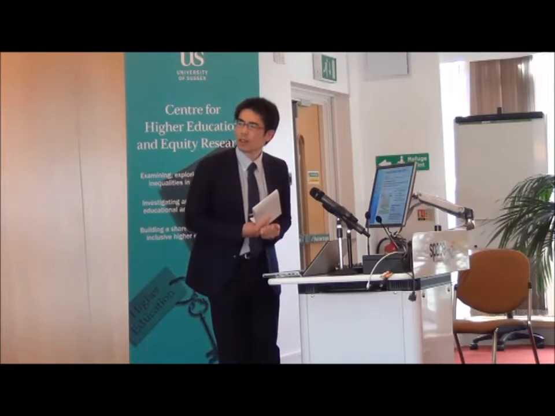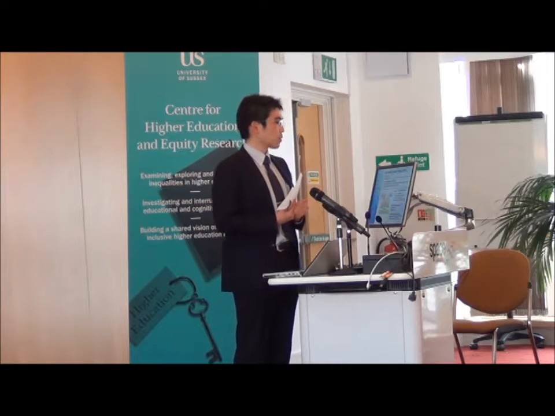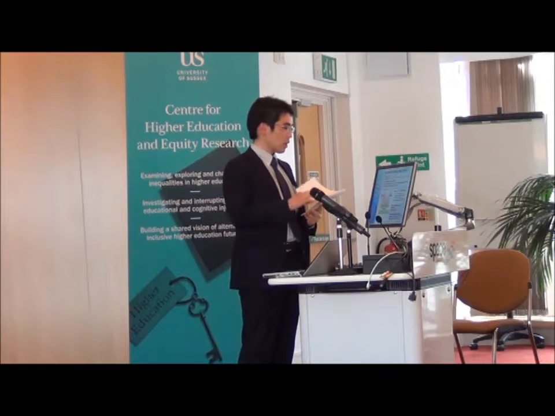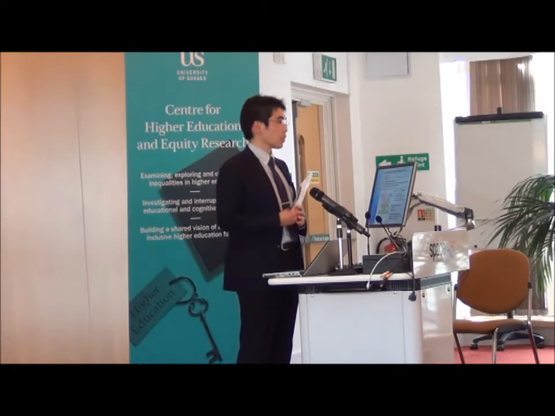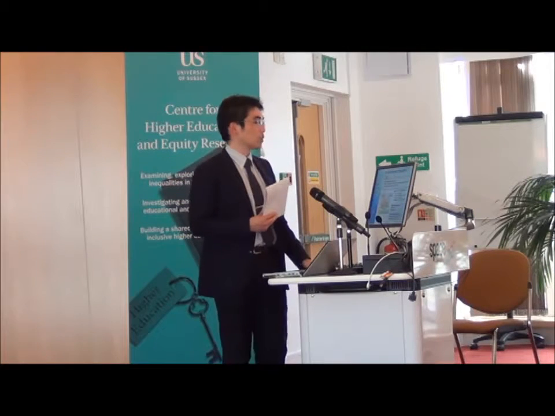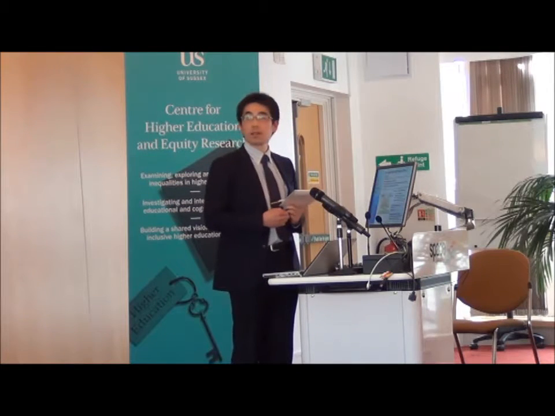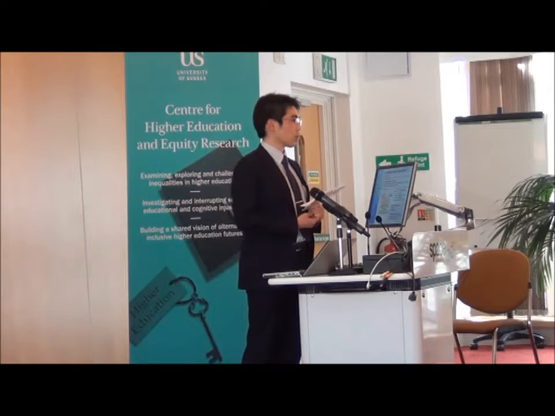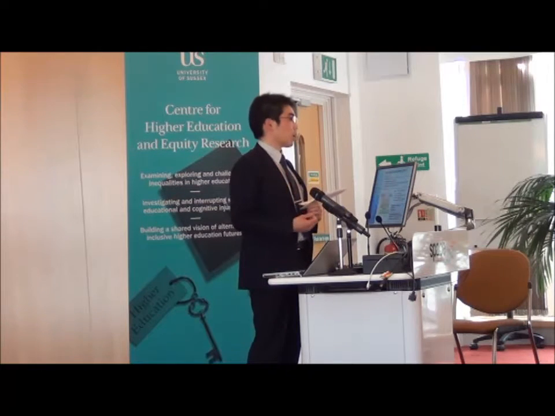One of them is top type A, and another is global type B. As top type, 14 universities were selected, and as type B, global type, 24 universities were selected. So they can get a big amount of budget from the Japanese government for 10 years. So this policy was so competitive.